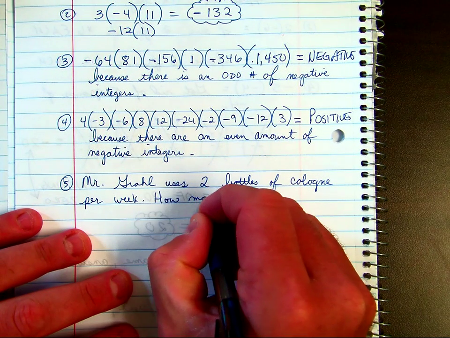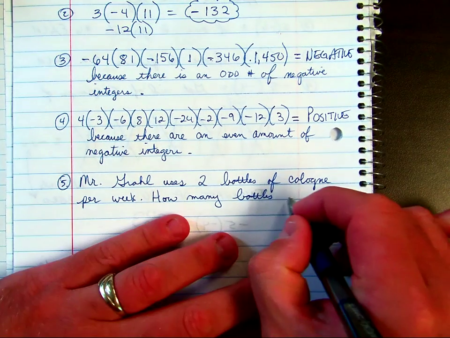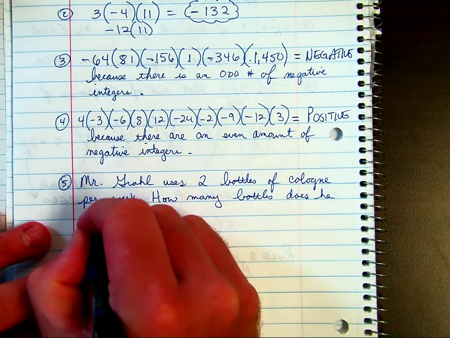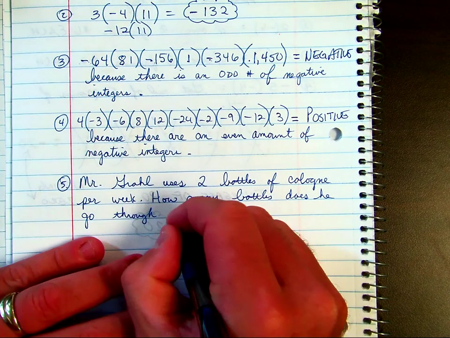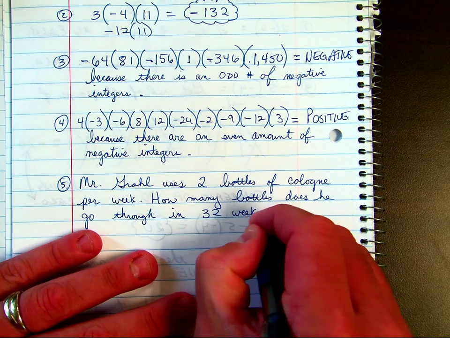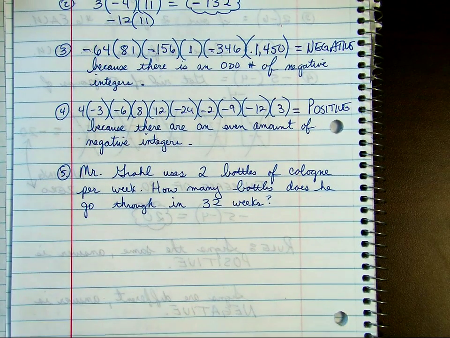How many bottles does he go through in 32 weeks? Mr. Grawl uses 2 bottles of cologne per week. How many bottles does he go through in 32 weeks?